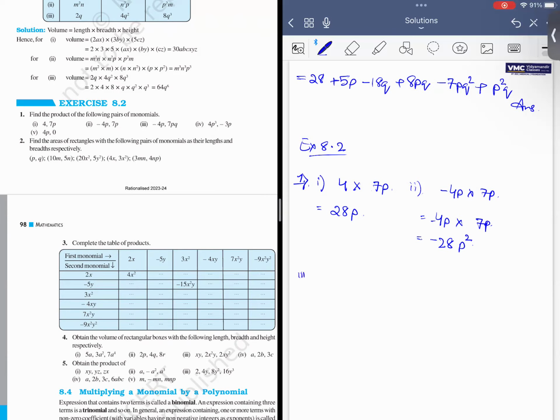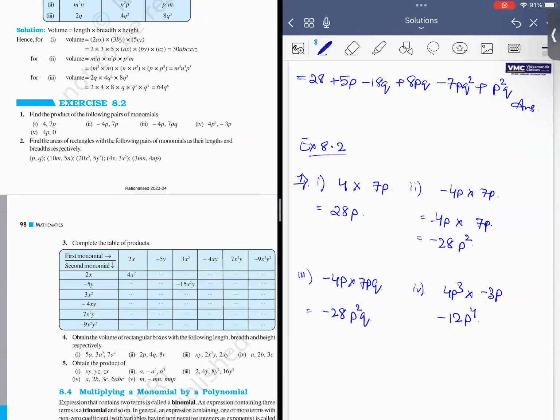Next, third one, minus 4p into 7p cube. That is again minus 28 and p square and q. Fourth one, 4p cube into minus 3p. So 4 into minus 3 is minus 12, and p cube into p, that is 3 plus 1, is p to the power 4.